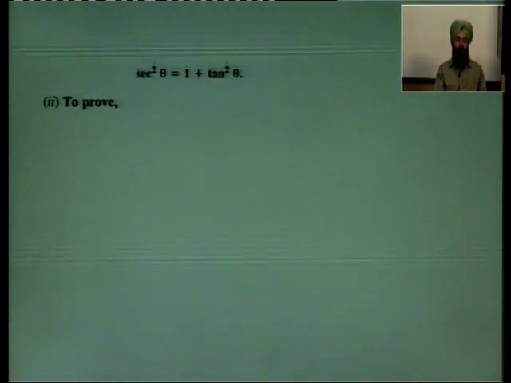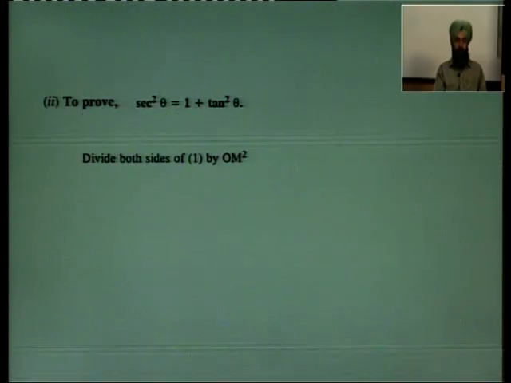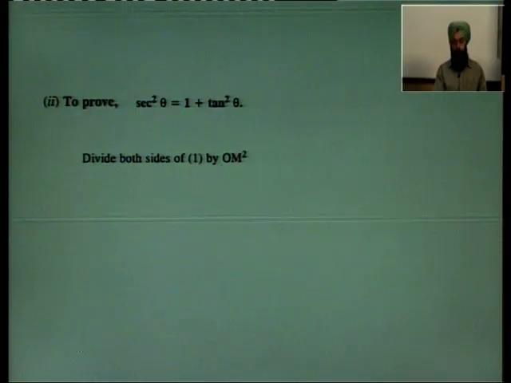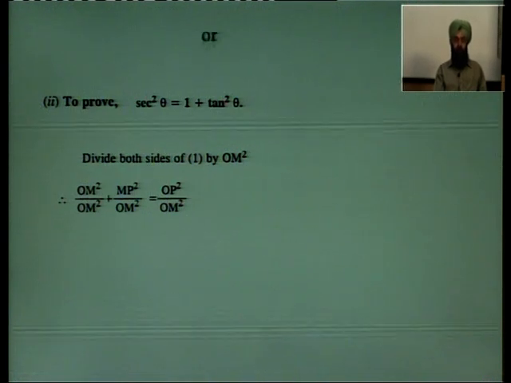So, in the next part we can prove that secant square theta is equal to 1 plus tan square theta. Again we can use the first equation and divide it on both sides by OM square. On dividing we get OM square by OM square plus MP square by OM square is equal to OP square by OM square.